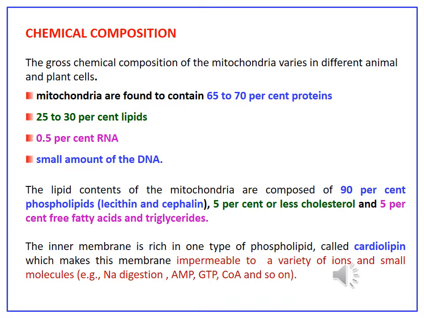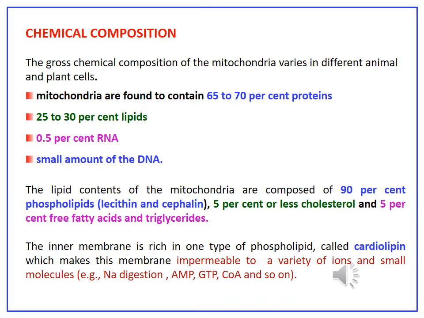The lipid content of mitochondria is composed of 90% phospholipids. The major phospholipids are lecithin and cephalin. The remaining 5% is cholesterol and 5% free fatty acids and triglycerides.